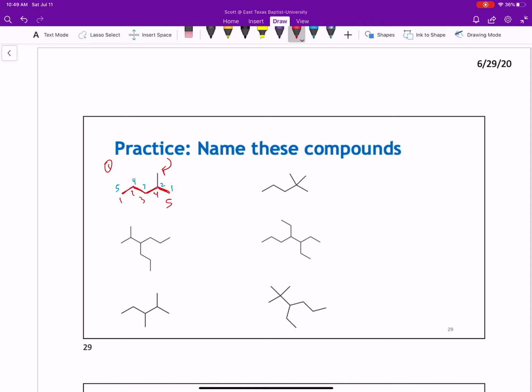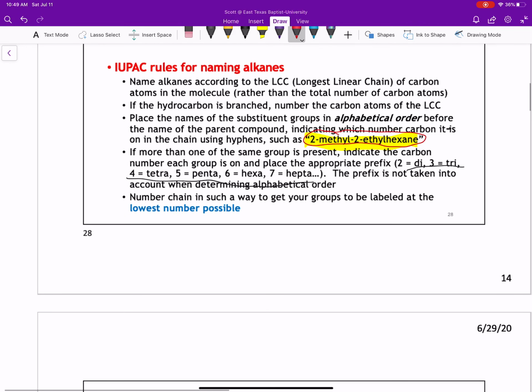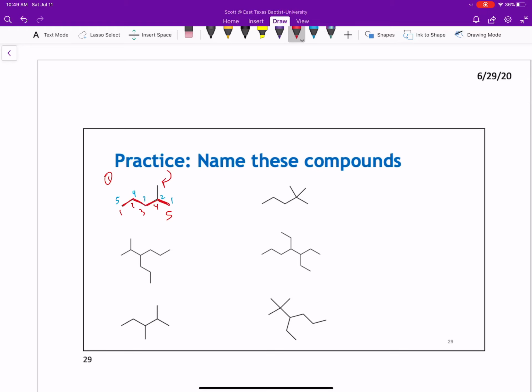If I use the blue numbering, it comes at carbon number 2. Well, that is where this rule comes in. Number the chain in such a way to get your groups to be labeled at the lowest number possible. So if I use the blue way of numbering, the methyl group occurs at carbon number 2 versus carbon number 4 using the red way. So actually the blue way is the way to number this molecule properly.